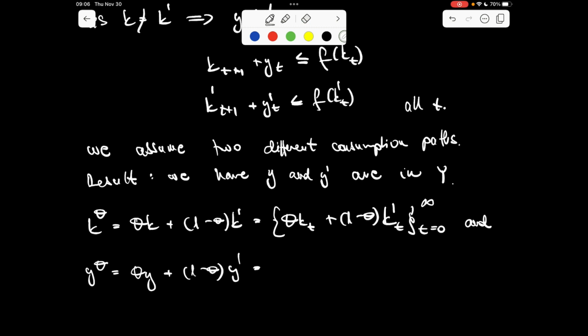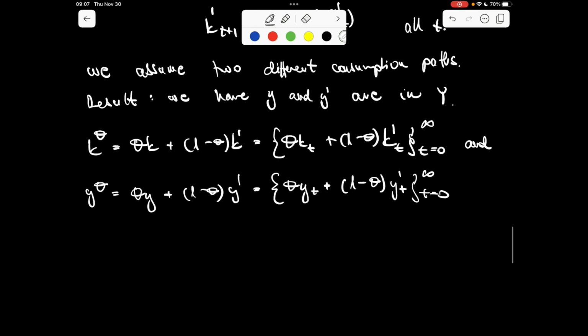We have the convex combinations of the capital path and the production path. We know the following. On this basis, we can say the following.